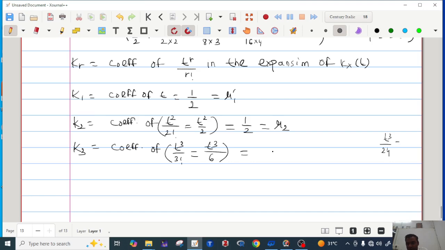You can make the adjustment: multiply by 6 and divide by 6. So the t cube upon 6 coefficient is 6 upon 24, that is 1 upon this.